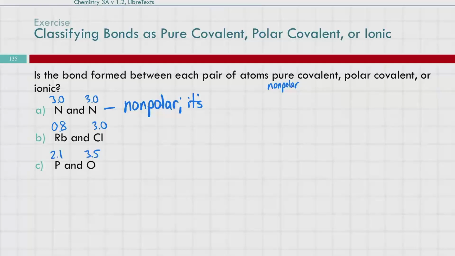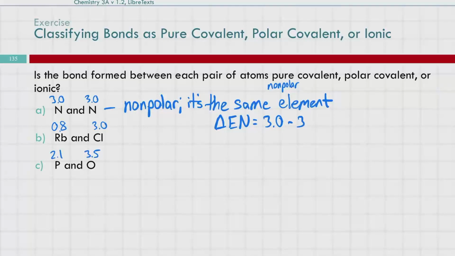If we wanted to do a little bit of easy math, our difference in electronegativity, 3 minus 3, gives us a value of 0, and 0 is less than 0.4, so it's nonpolar.